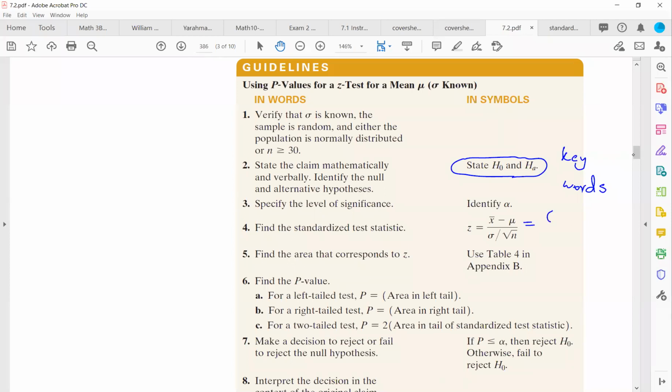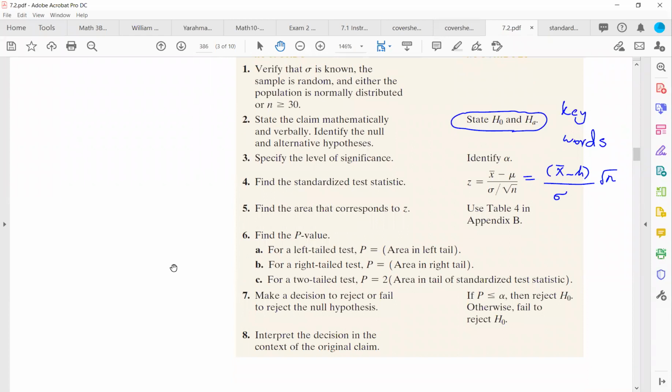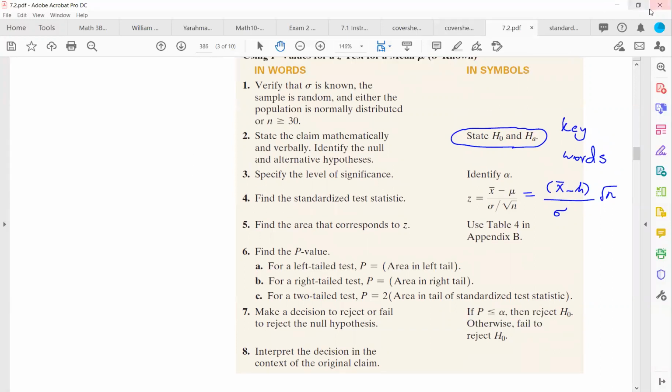You can also use x bar minus mu, divided by sigma times square root of n. Then find the area that corresponds to the z that you found in step 4. Then you need to find your p-value. If p-value is less than or equal to the level of significance, you reject the null hypothesis. Otherwise, you fail to reject the null hypothesis.